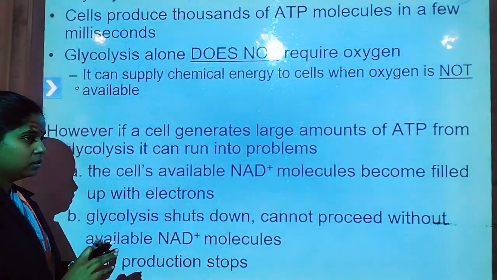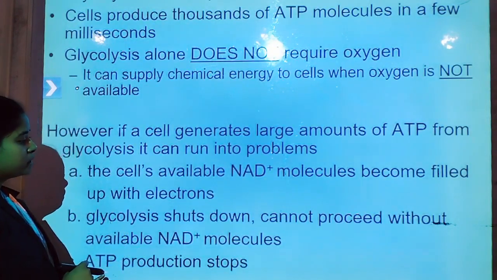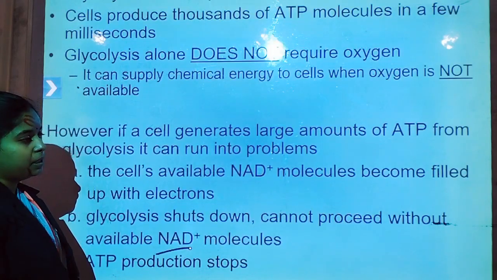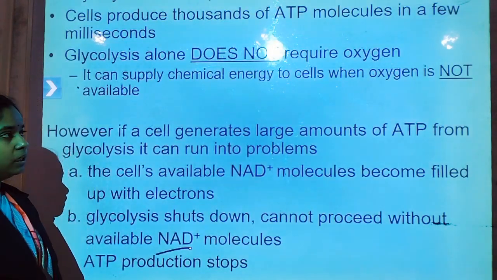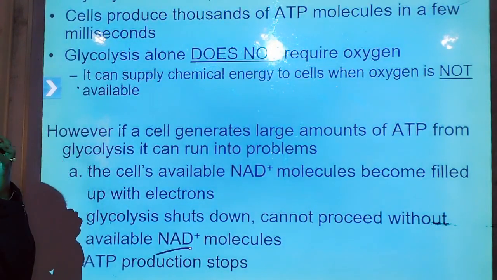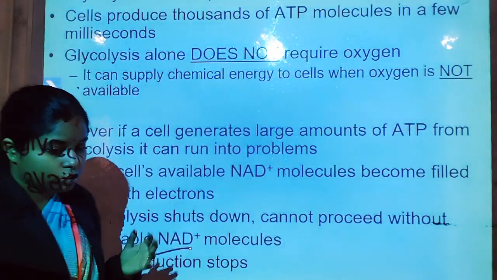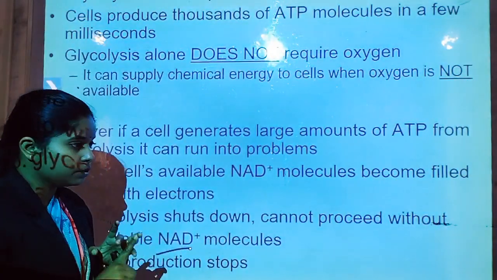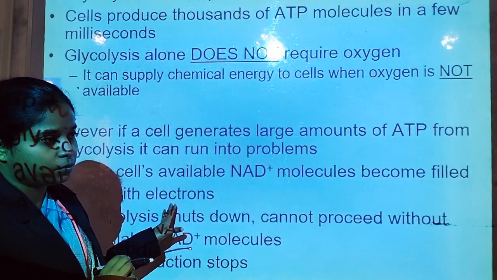So that is the reaction through which ATP gets synthesized. It is important to understand how the conditions favor the glycolysis process. First, oxygen should be absent, or there is no need for oxygen for the glycolysis process.